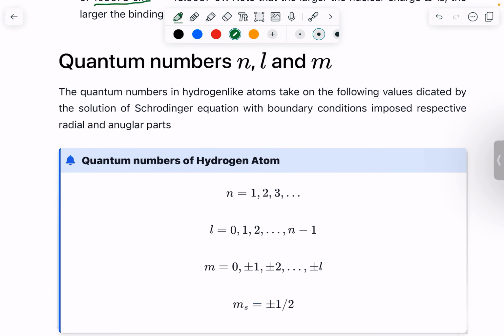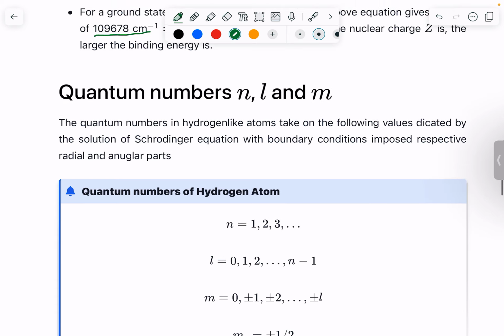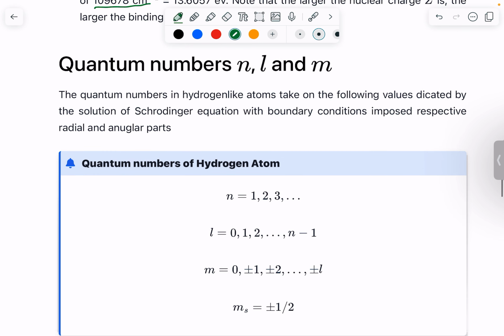Now the big deal in this lecture is to study these new quantum numbers that we haven't seen in the Bohr model. So we've only looked at n because energy only depends on n. This is an aspect that we want to stop and think about. Energy only depends on quantum number n.